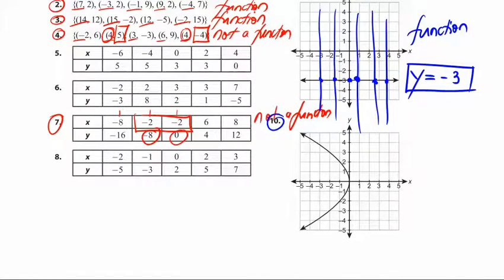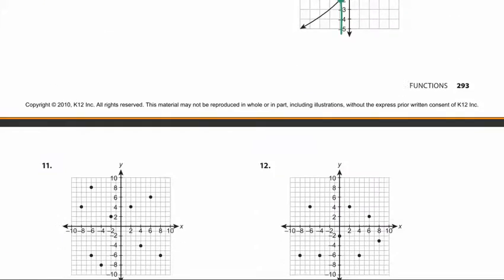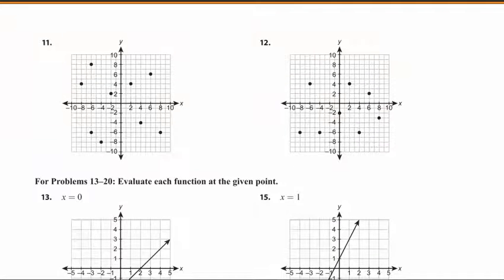How about number 10? And I will switch to green. Number 10, we have a graph. I'm going to use the vertical line test. The first vertical line crosses my graph in 2 points. This is not a function. Okay. How about number 11?